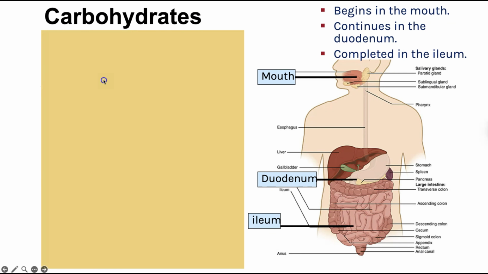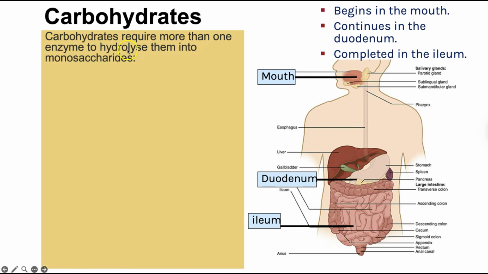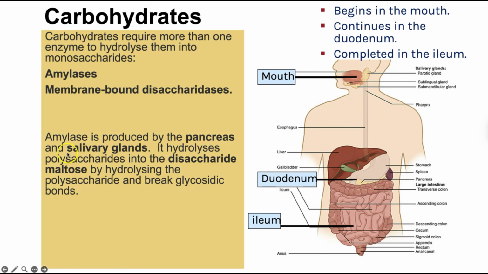So first of all, the carbohydrates, they require more than one enzyme to hydrolyze them into the monosaccharides. It's amylases and membrane-bound disaccharidases. And the amylase is produced by both the pancreas and the salivary glands. So that's why digestion begins in the mouth, because the salivary glands will release amylase, and then in the mouth, any starch that is there will start to be digested.